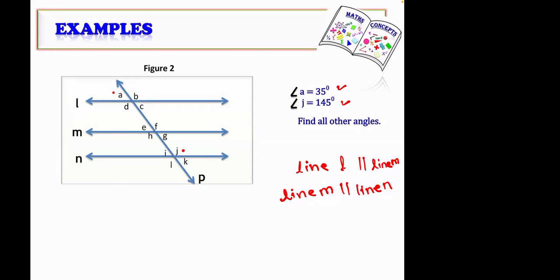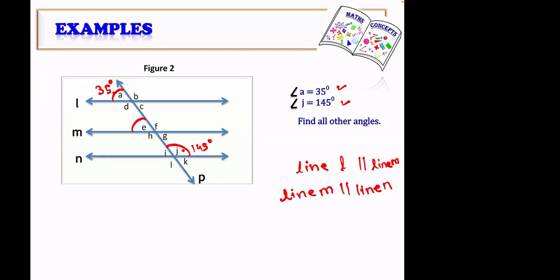Ma'am, we have to find which is a 35-degree angle. They have given that A is 35 degrees and J is 145 degrees. Now, can you tell me what the measure of B or C or D will be? Ma'am, the measure of E will be 145 degrees.